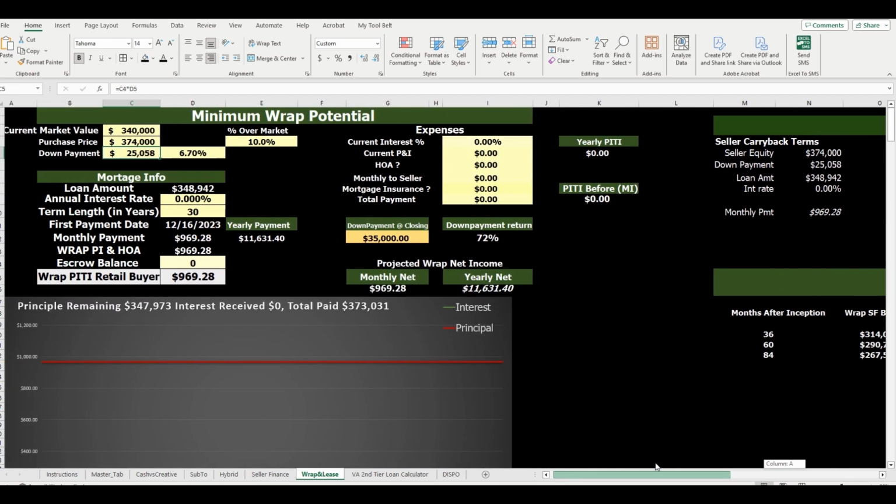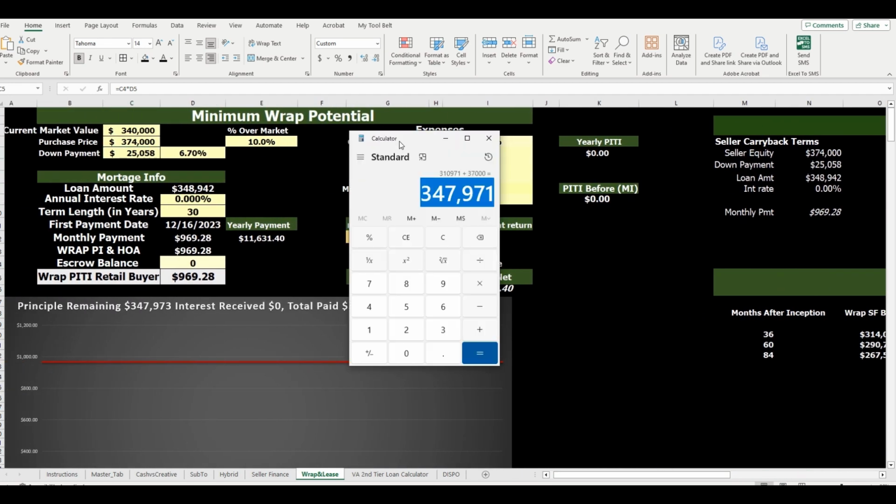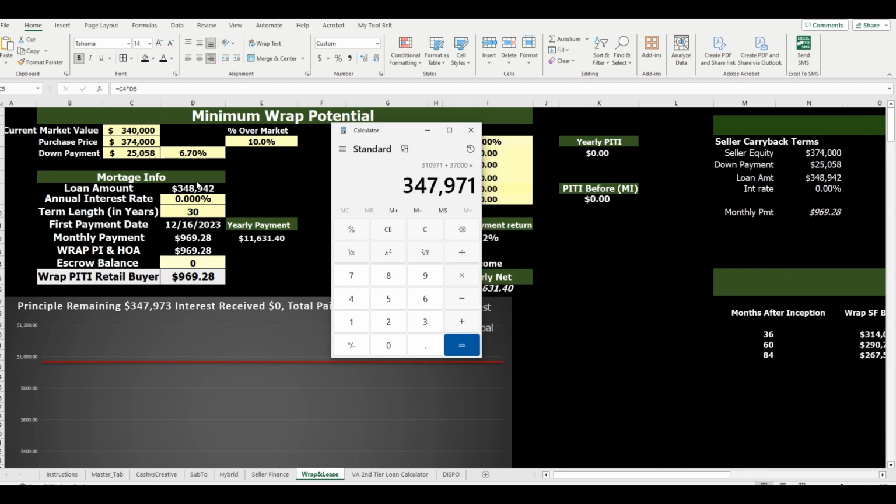I want to create a new debt on the property that is equal to or greater than this debt, because $348,942 minus $347,971 will be my buffer, so to speak, not my spread, but my buffer when the property is either sold or refinanced by the retail buyer.